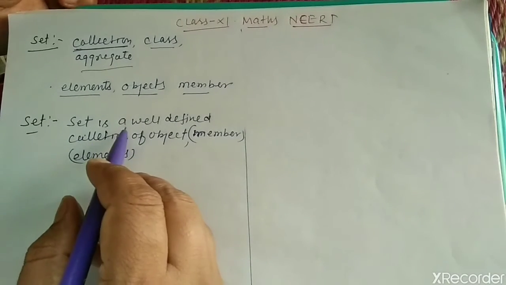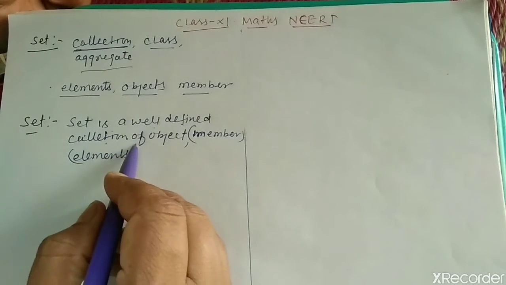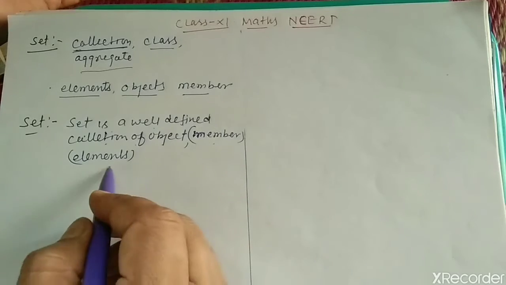So, set is a well defined collection of object, members and elements.